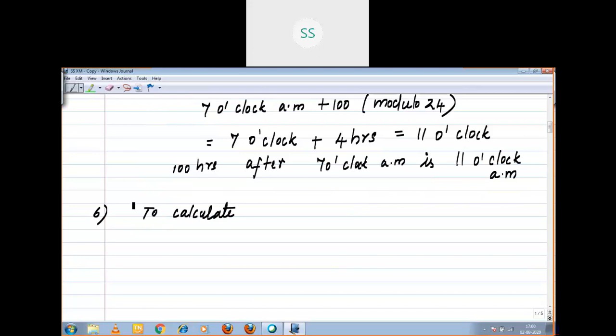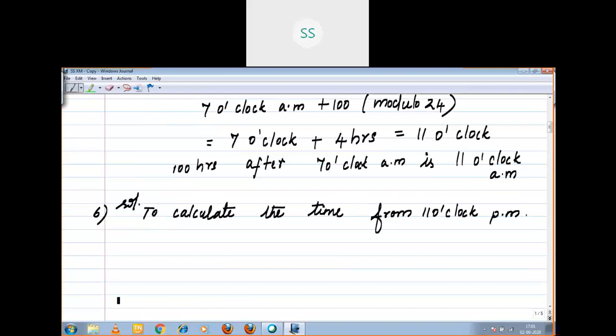The solution I'm writing here: to calculate the time from 11 o'clock p.m. They said 15 hours before.